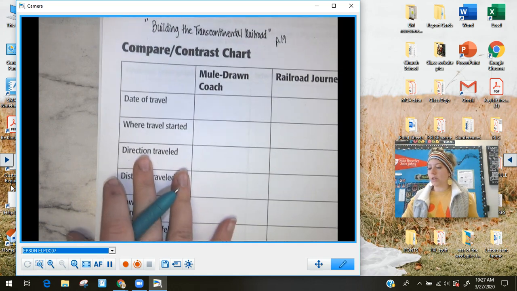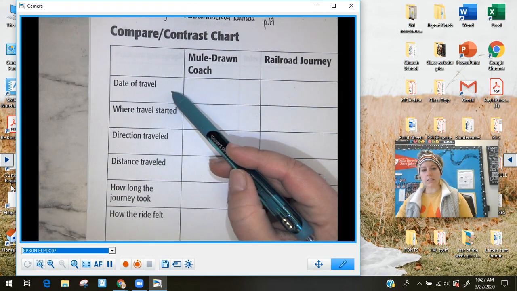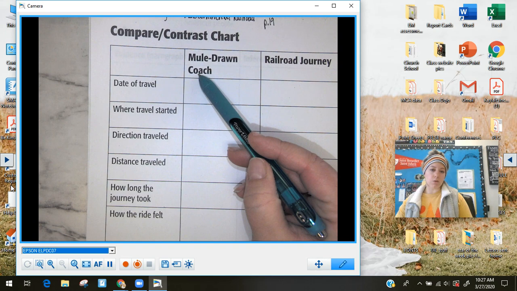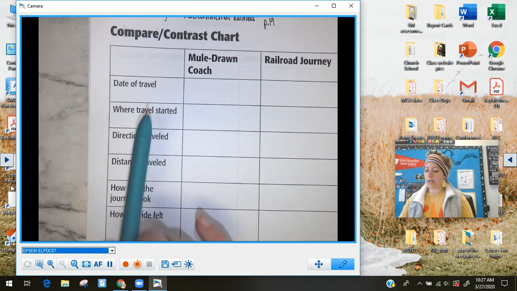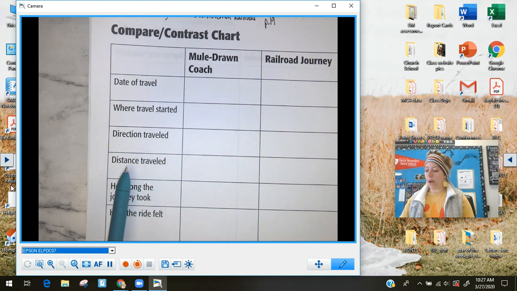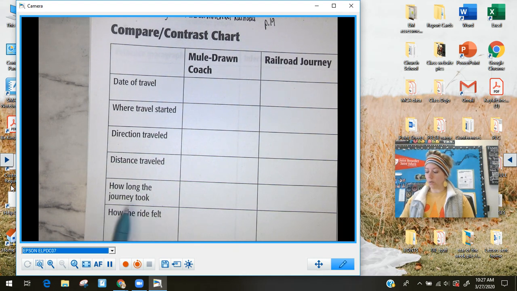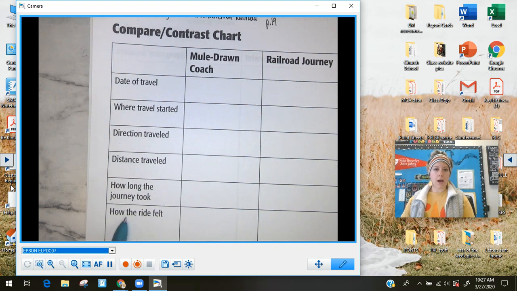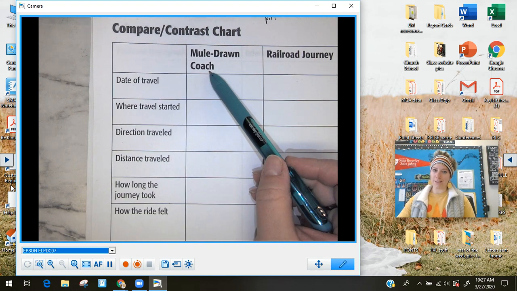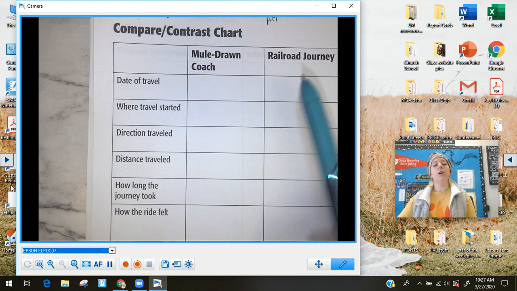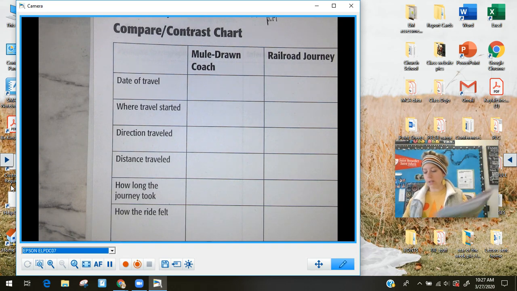Some of the things we're looking for to compare are the dates of the travel: when was the mule-drawn coach travel taking place, and when was the railroad journey taking place? Where it started, the direction that people went, the distance they went, how long the journey took, and how the ride felt. Now, you're probably already thinking, I probably already know what a mule-drawn coach ride is going to feel like versus a railroad, but we're still going to read this to see.